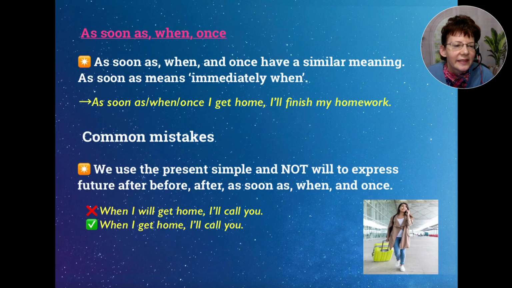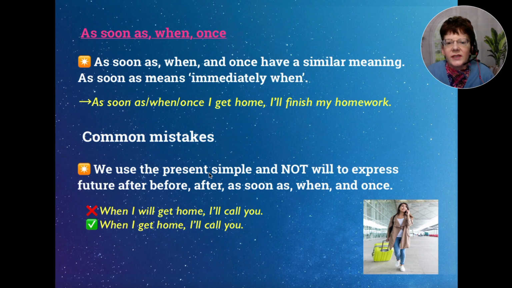All right. Okay, let's look at as soon as, when, or once. As soon as, when, and once have a similar meaning. So as soon as means immediately when. So as soon as, or when, or once I get home, I'll finish my homework, like we saw in the chart. All right, here is a common mistake.